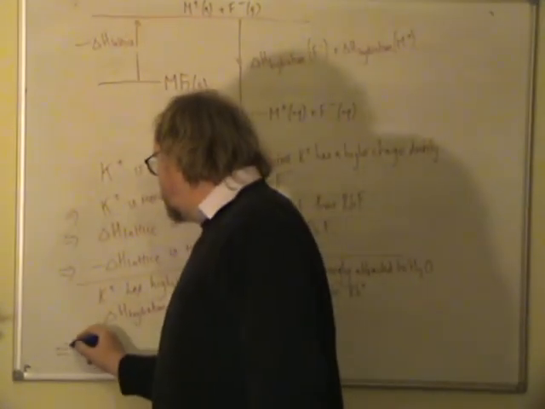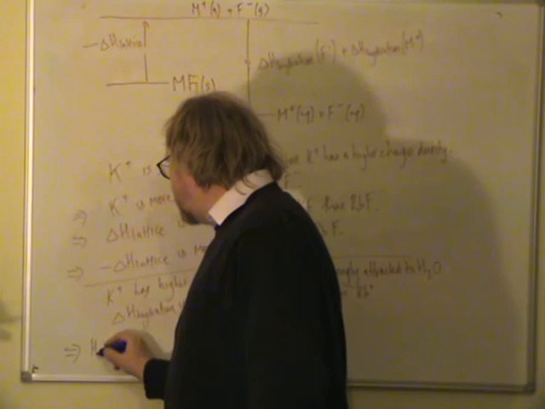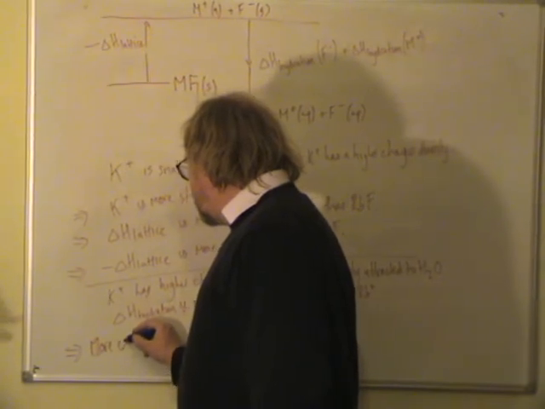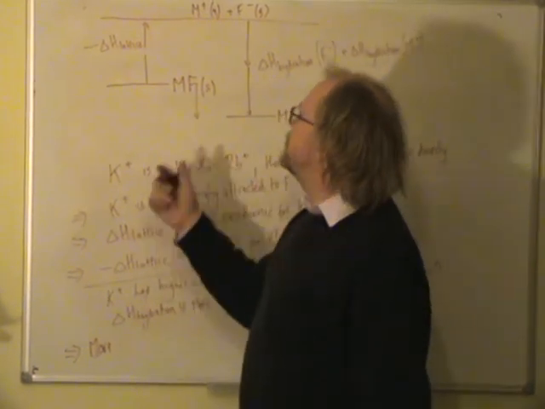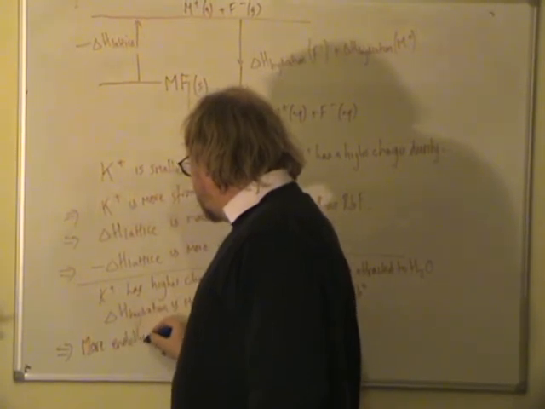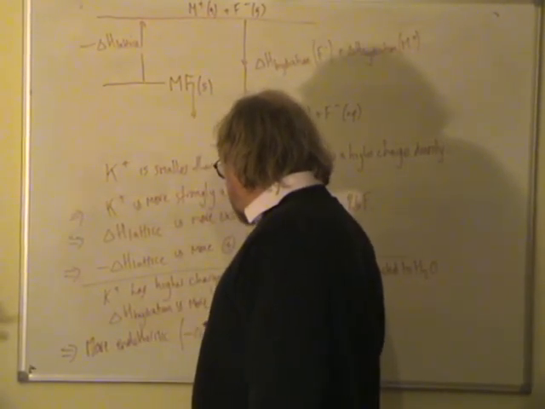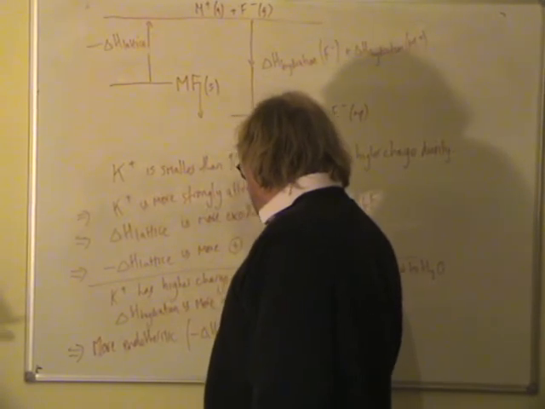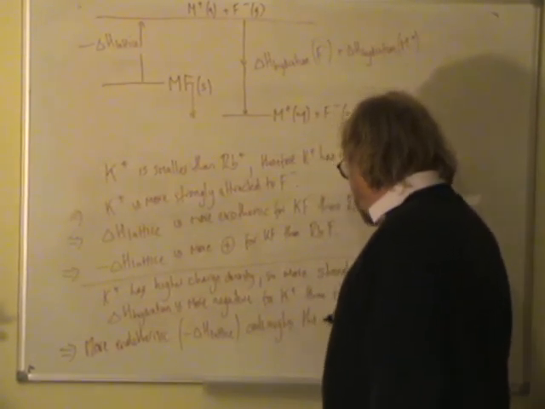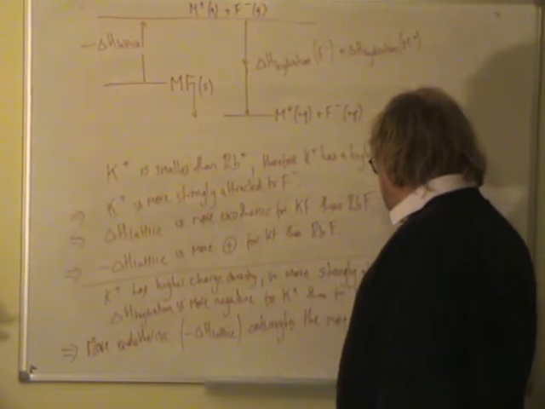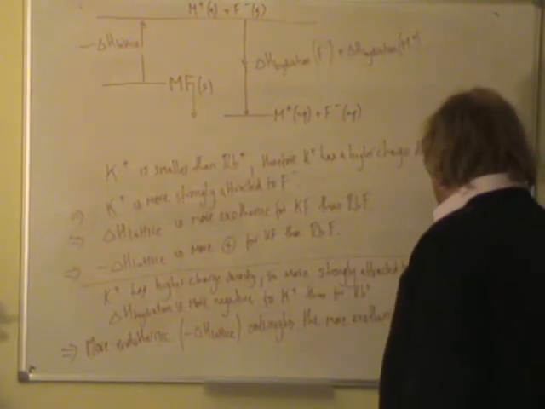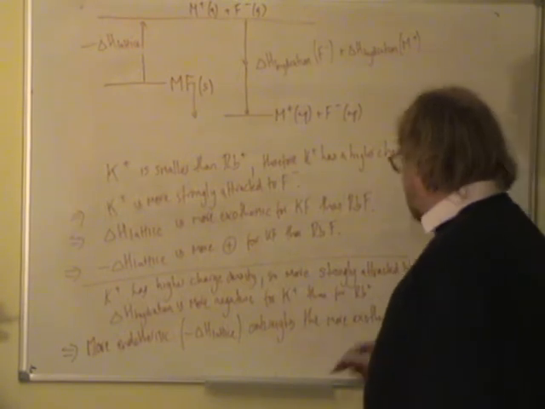So the final idea is that, therefore, now let's get this clear, it's difficult to put into words, but the more endothermic first term, so the more endothermic minus delta H lattice term, outweighs the more exothermic delta H of hydration term for KF.